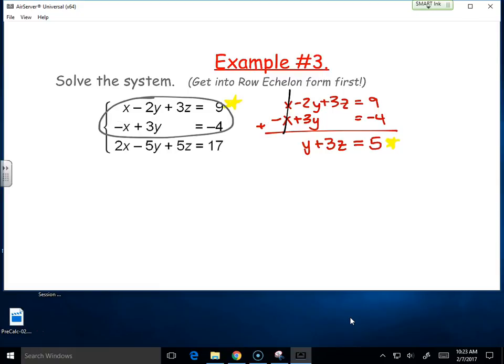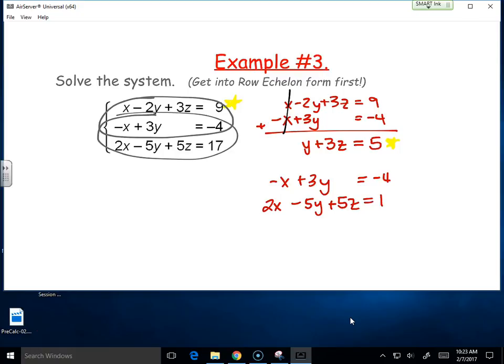Okay, so take the first two, then take the next two. Now let's rewrite those. We have negative x plus 3y equals negative 4, and 2x minus 5y plus 5z equals 17. Now, why don't we just say, let's go? Or is that a bad idea?